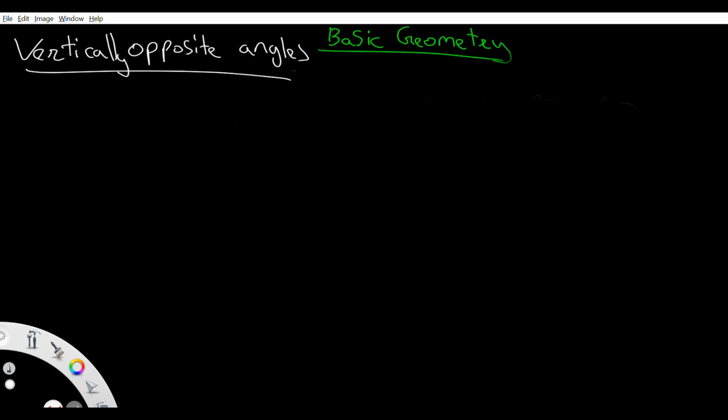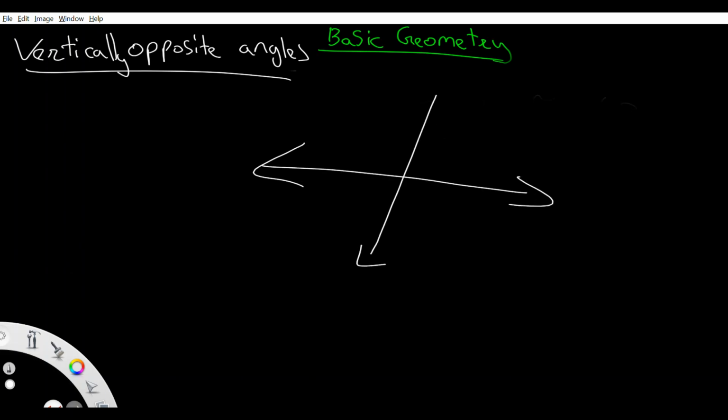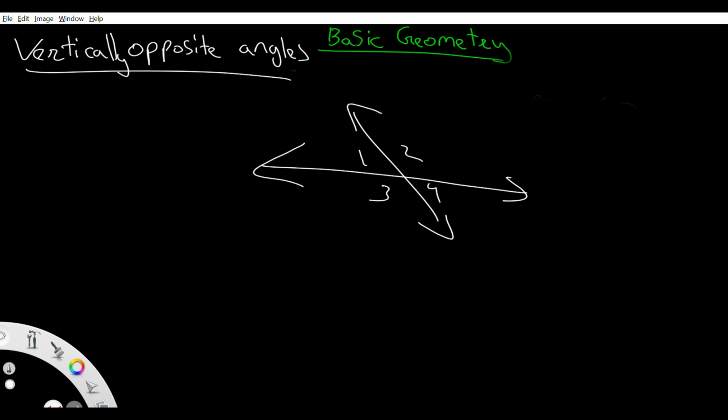Let's now look at vertically opposite angles. So what do vertically opposite angles mean? If you have two lines like that, and let's name this 1, 2, 3, and 4. Angle 1 and angle 4 are vertically opposite to each other, right?